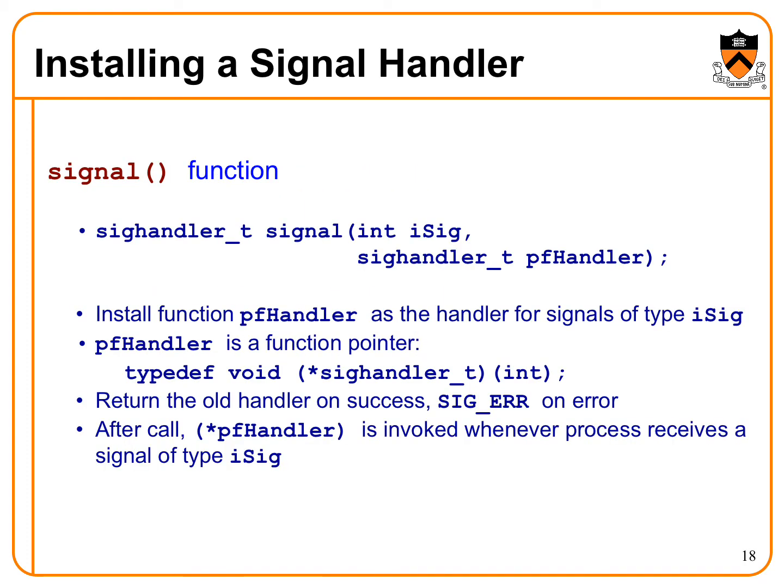The way that a program can install a signal handler is with the function call signal, which, further lamenting the use of the term kill before, perhaps could have been the name for the function that sends the signal, but it's not. It is instead the function that installs the handler for the signal. Alas, moving on. Signal takes two arguments, the signal that it's installing a handler for, and the function that will be the handler.